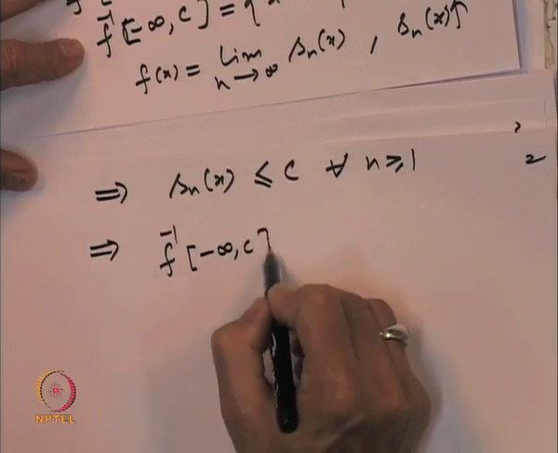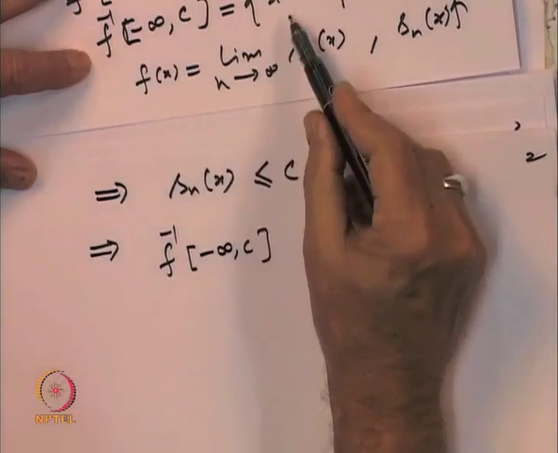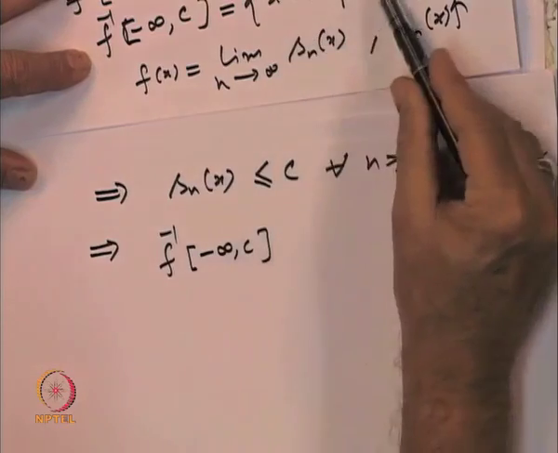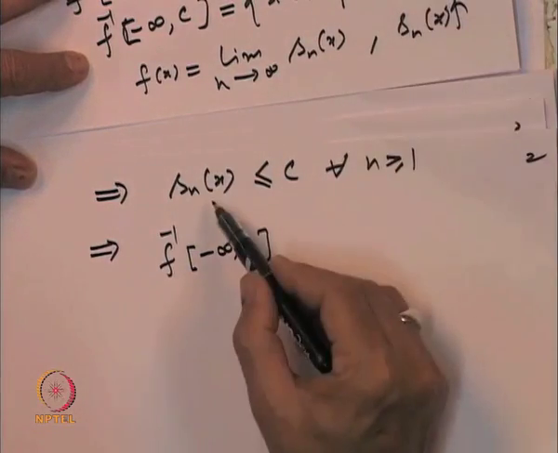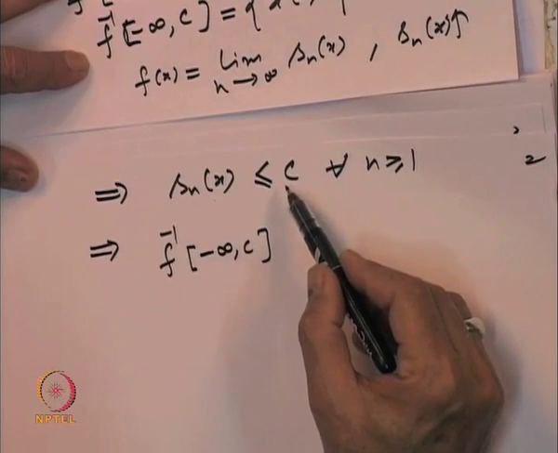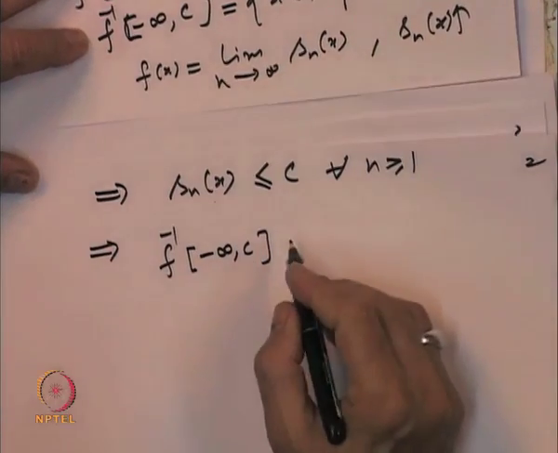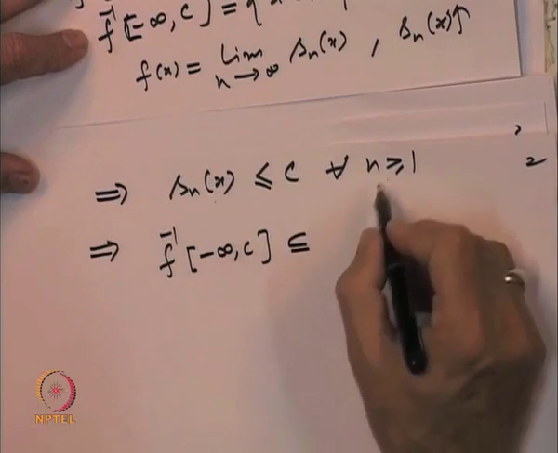So, implies that the set f inverse of minus infinity to C: if x is such that f of x is less than or equal to C, that implies S n of x is less than or equal to C for every n.